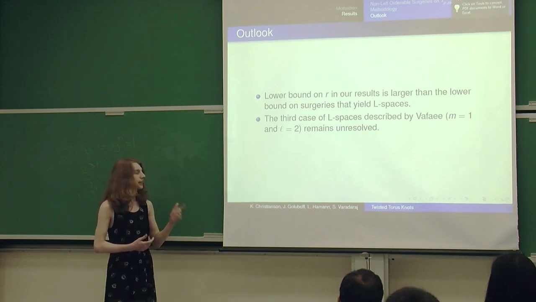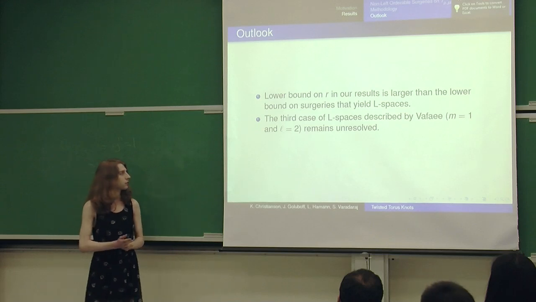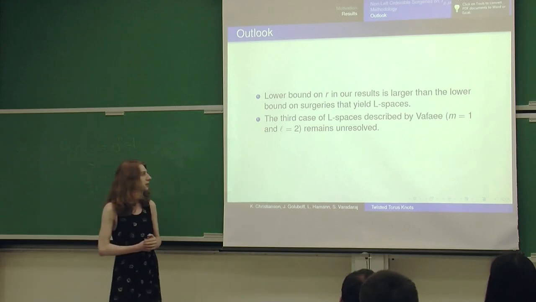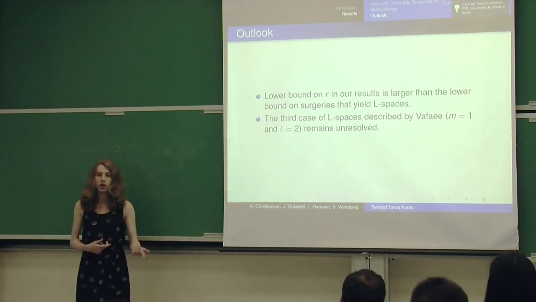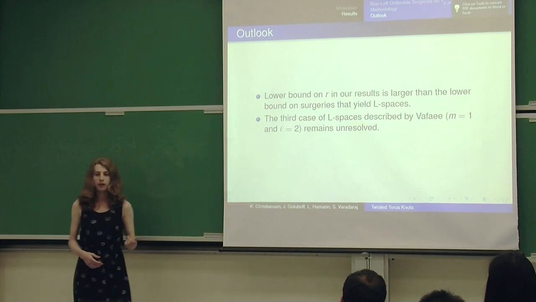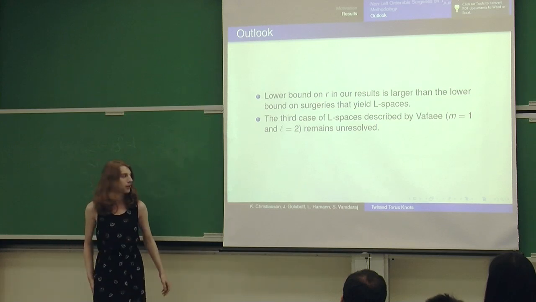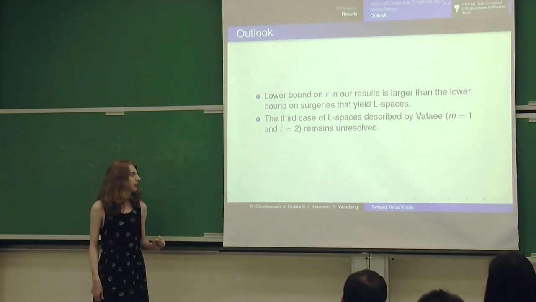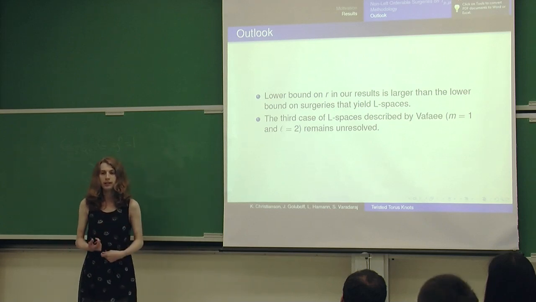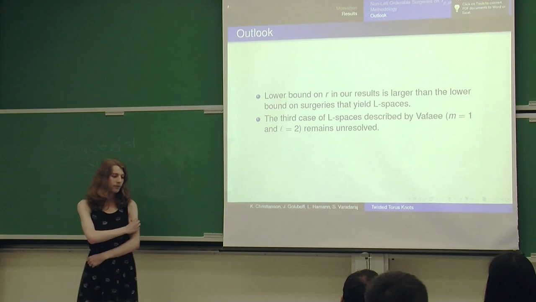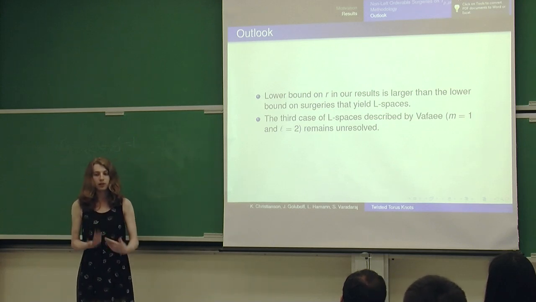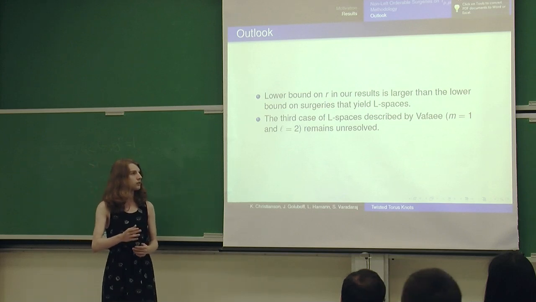And secondly, all of the theorems that we presented, including those by Clay and Watson, said that for a sufficiently large surgery slope, we get a manifold whose fundamental group is not left-orderable. And it turns out, if you have a knot which does permit a surgery that gives an L-space manifold, there's a similar bound where for all surgeries greater than or equal to some certain number, you will definitely get an L-space.